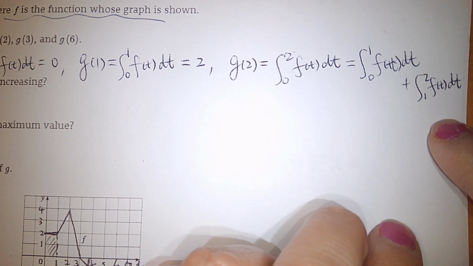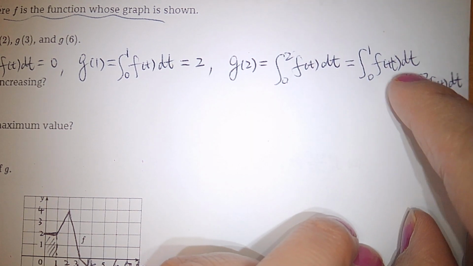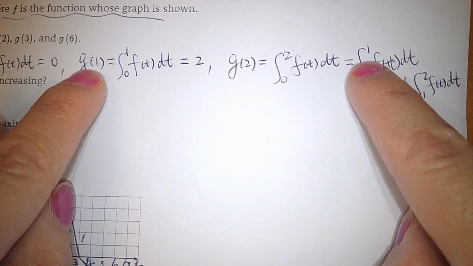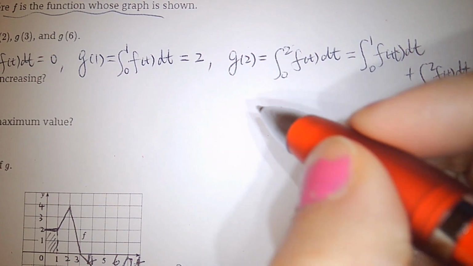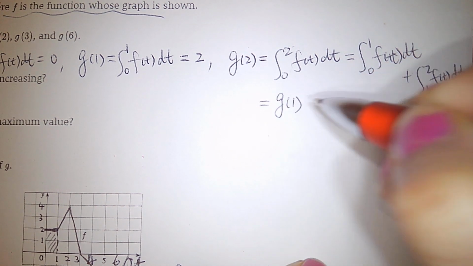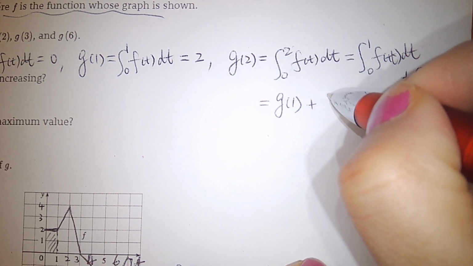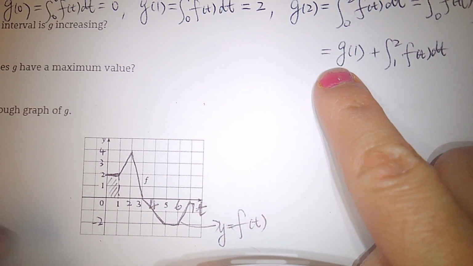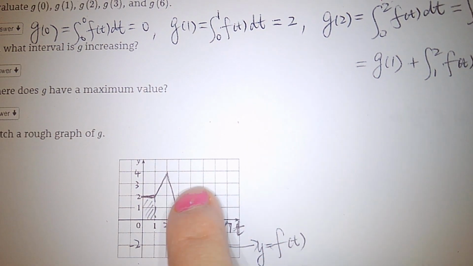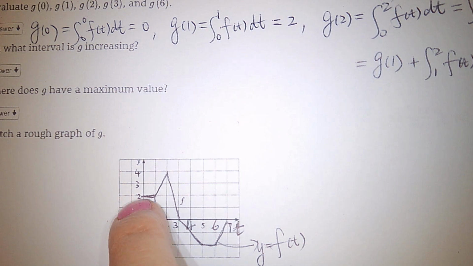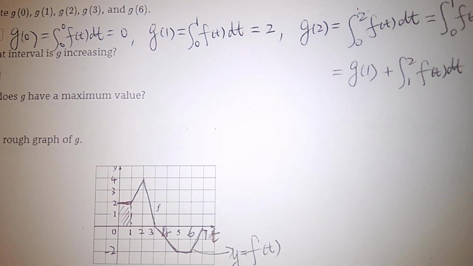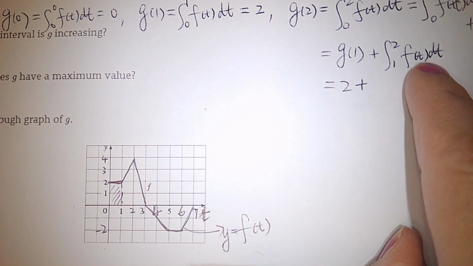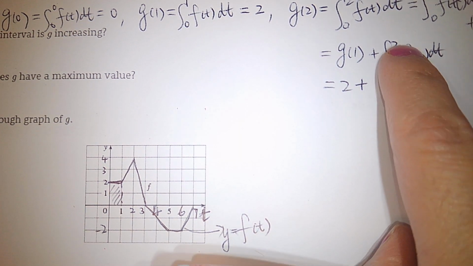The integral from 0 to 1 is g of 1, so we don't have to compute it. So this is g of 1 plus the integral from 1 to 2. We know g of 1 equals 2, the area of this rectangle. What is the integral of f of t dt from 1 to 2?